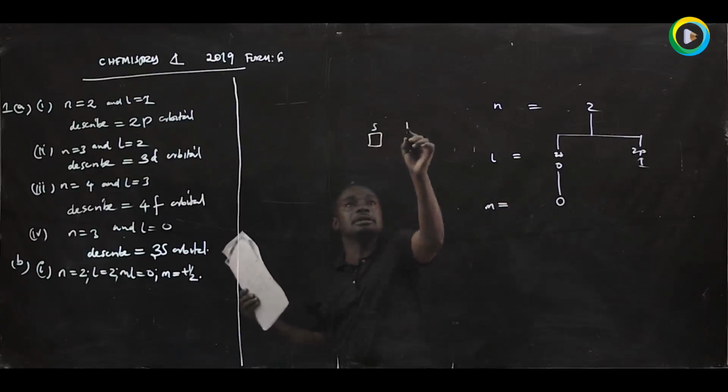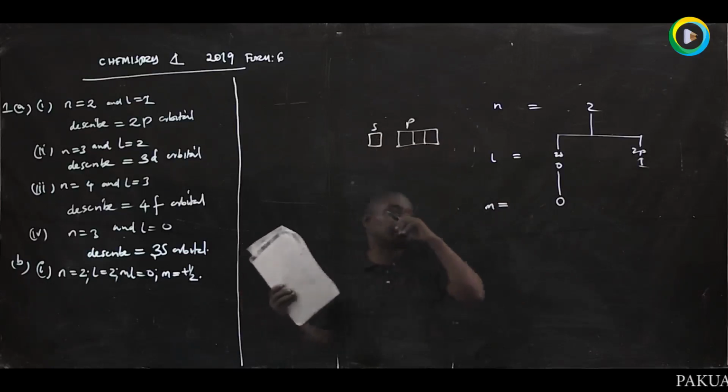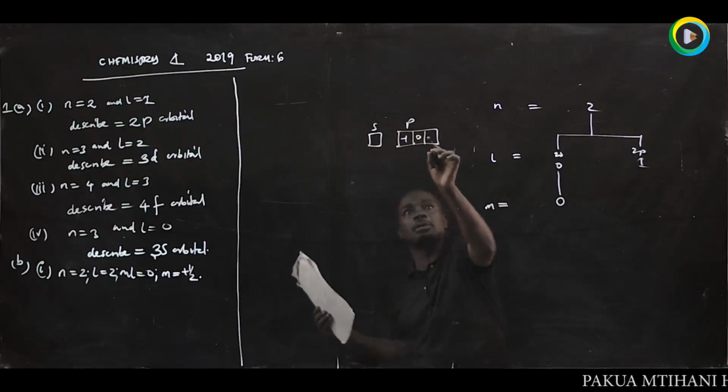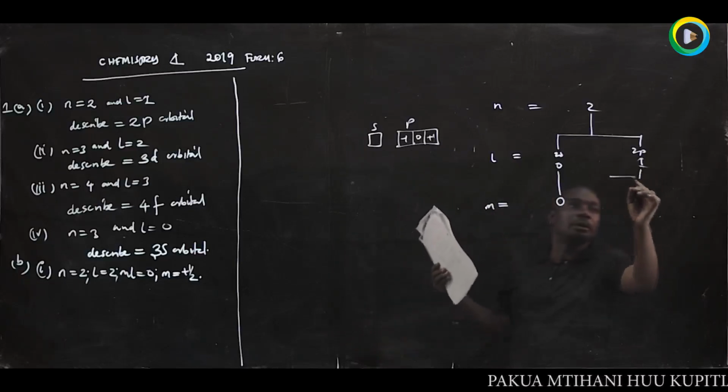0 represents S. P has 3 orbitals, 1, 2, 3, and these 3 orbitals are represented by negative 1, 0, positive 1, or range from negative 1 to positive 1.